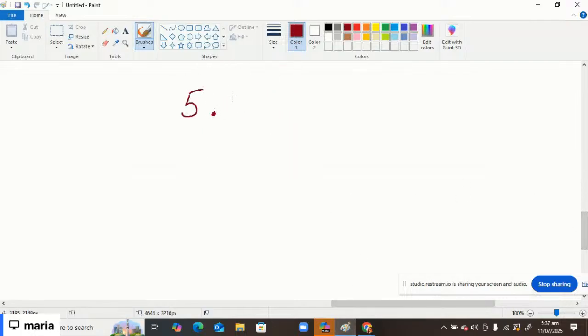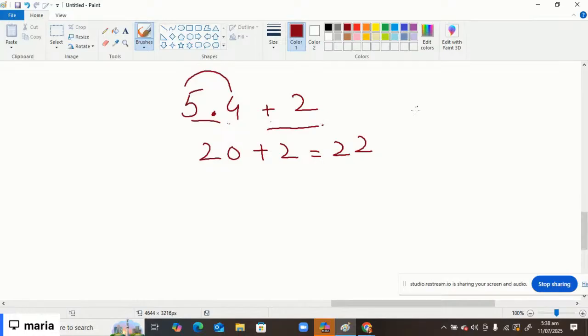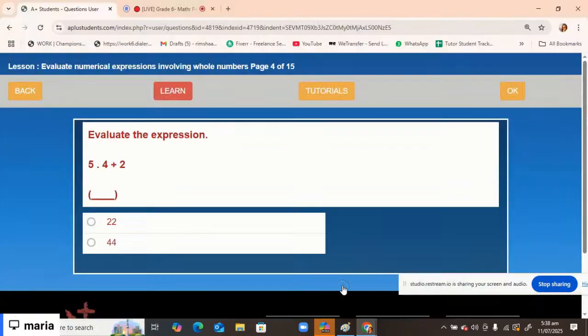First multiply. 5 times 4 is 20, and then plus 2, which is 22. First we do the multiplication, and then with the answer we add. So this is 22.